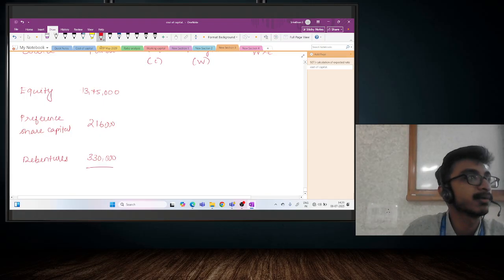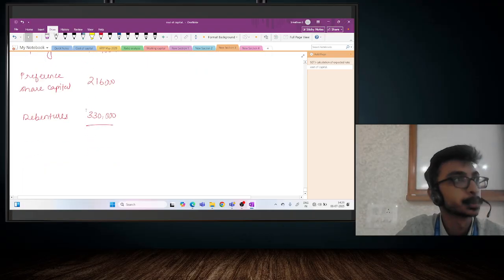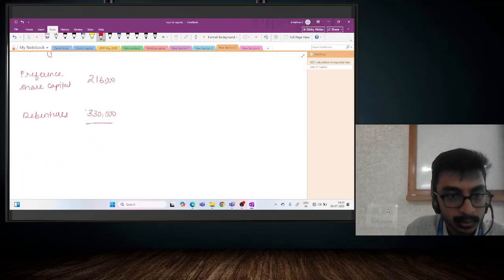What is the total market value of the company? 19 lakh 21,000.